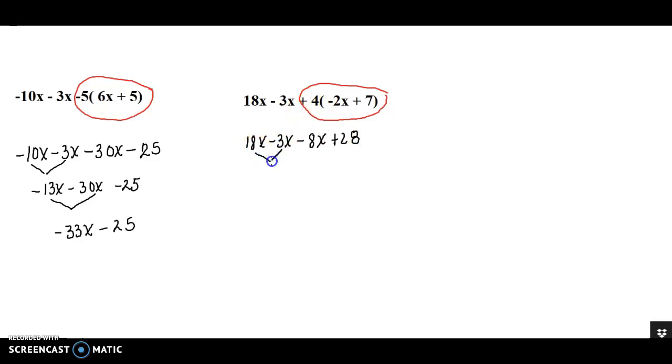Combine the like terms here, which will give me 15x minus 8x plus 28. Now we need to subtract that. And now when we subtract these, make sure you get 7x plus 28.